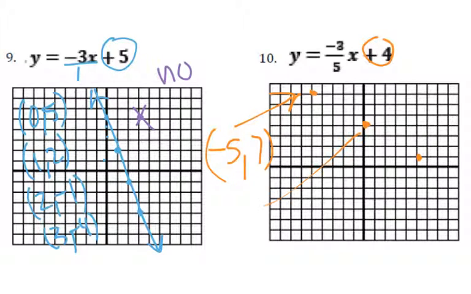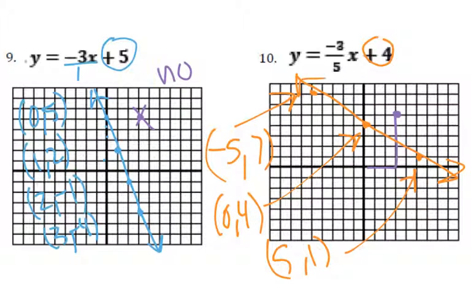That's a solution. Our y-intercept, 0, 4 is a solution. Also, 5, 1 is a solution. Okay, is 3, 5 a solution? Nope, because our line does not cross it. So the answer would be no on that one. And there we go, guys. There's our whole homework.